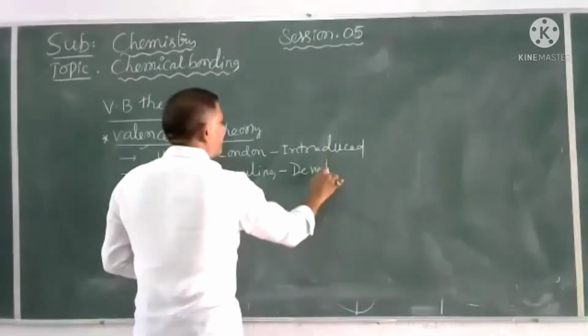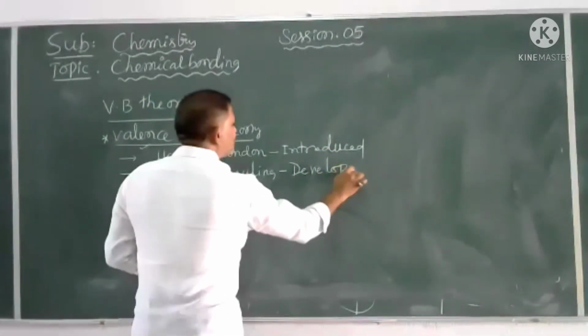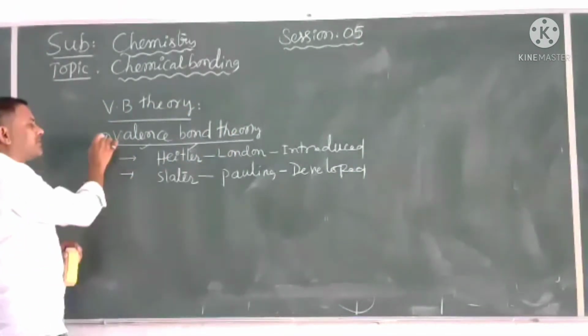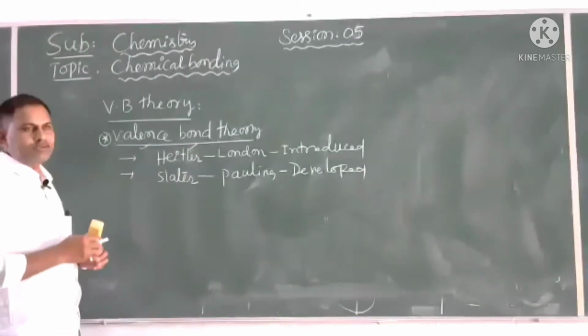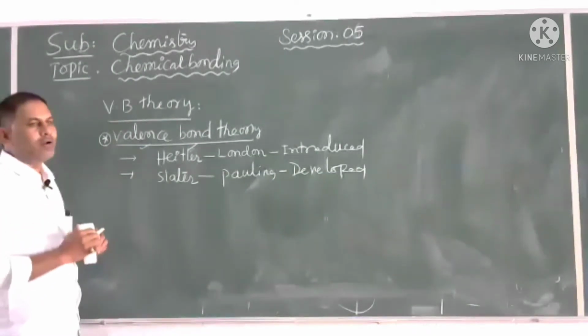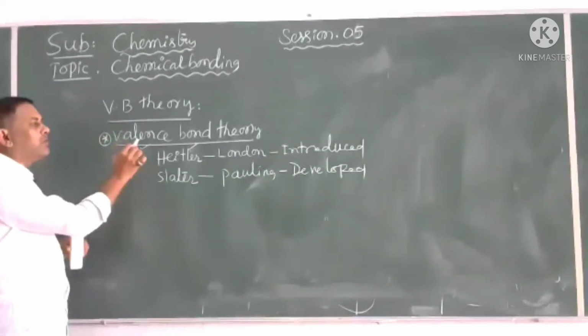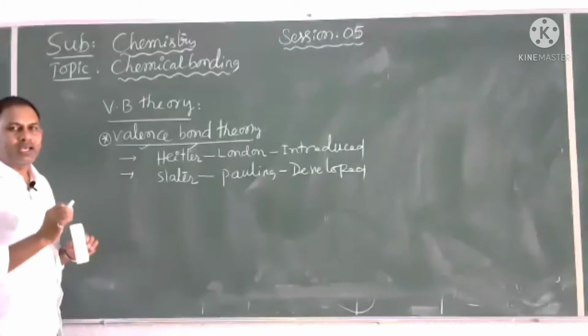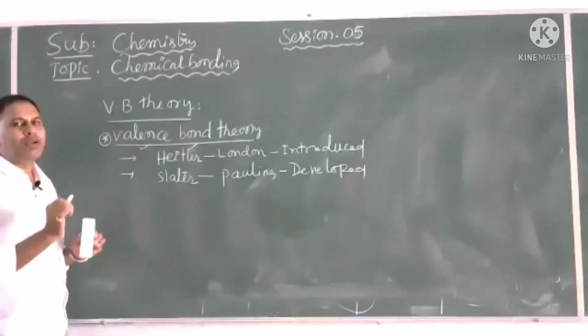Developed by these two people. So the main important concept of this valency bond theory is that to form a covalent bond or coordinate covalent bond, valency unpaired electrons only are involved in a chemical bond to get a sigma bond or pi bond.